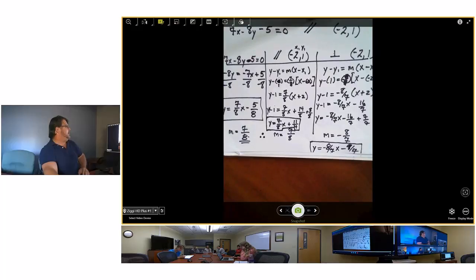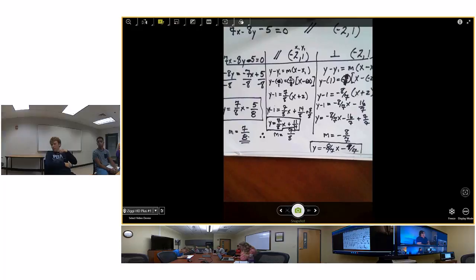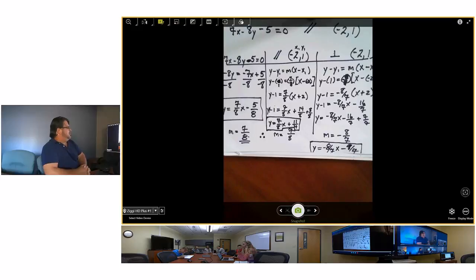Wouldn't x have to be 0 to get the y-intercept? Yeah, to get the y-intercept, but you're just finding the equation for the line. If you plugged in y is equal to 1, that wouldn't, okay, I'm trying to think.